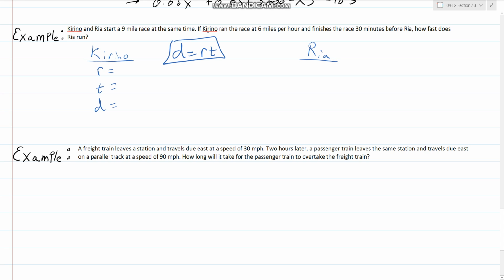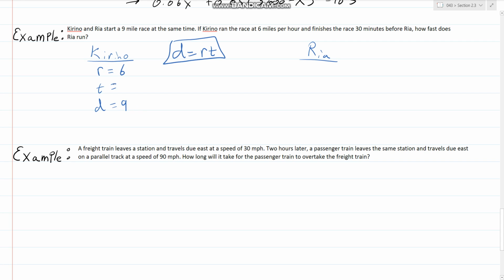So Carino ran a race at 6 miles per hour, and so that would be their rate. They finished the race 30 minutes before Ria, and we know that this is a 9-mile race, so I know that this is 9 right there.